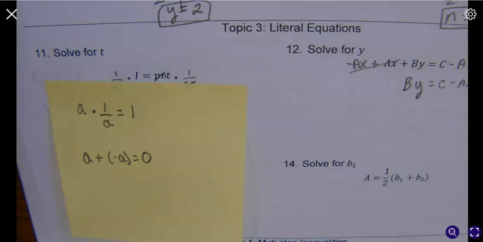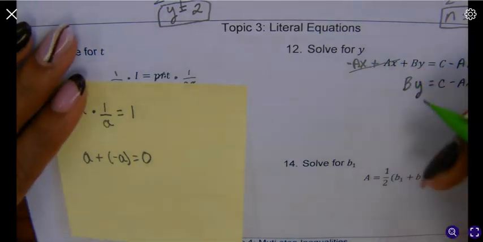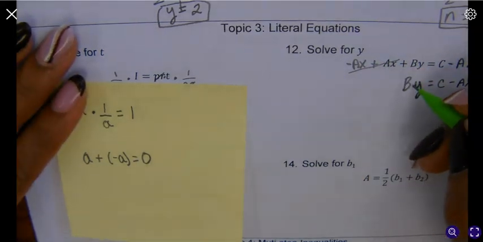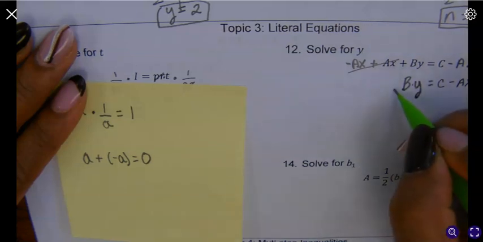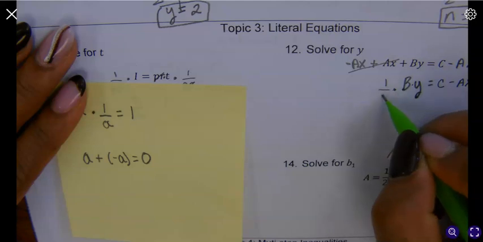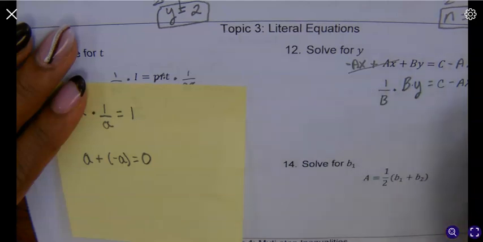And then from here, I'm not done yet because I only want y by itself. Now I see it's being multiplied by b. So I can multiply both sides by the inverse, which is just 1 over b. We have to be careful here. We have to make sure to multiply everything by 1 over b.